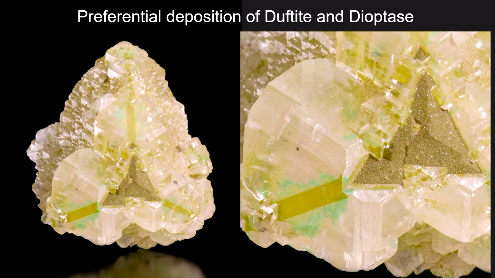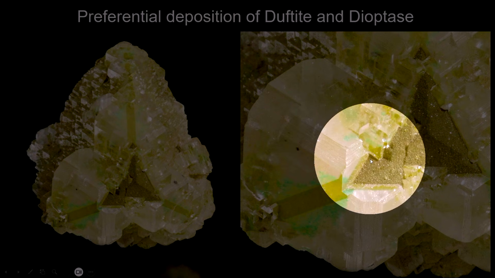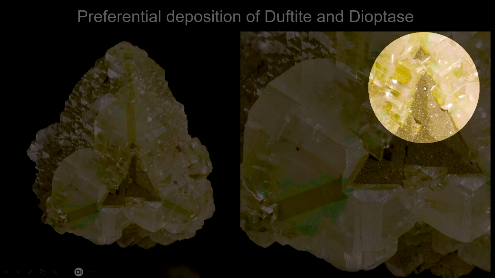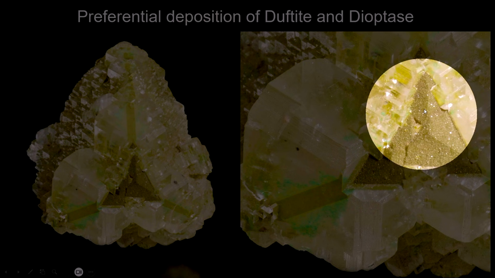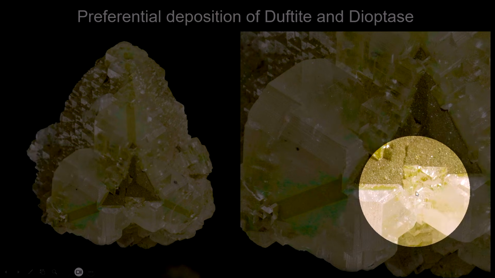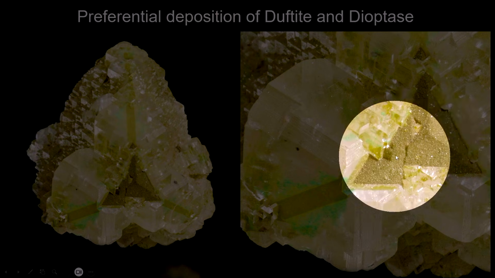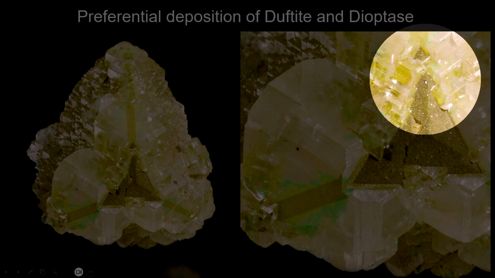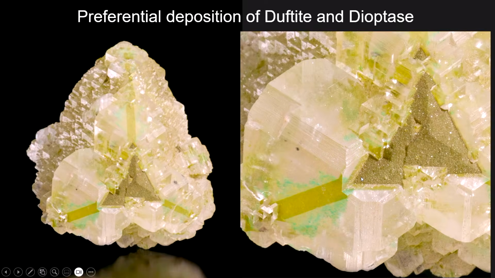Here we have another fascinating specimen, and in this case what we see is that the duftite has been deposited on the termination of the prism, and then we have a second generation of growth, but it is not covering the entire termination. There's a very sharp edge here where the duftite is still visible.